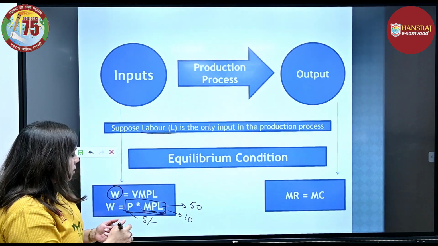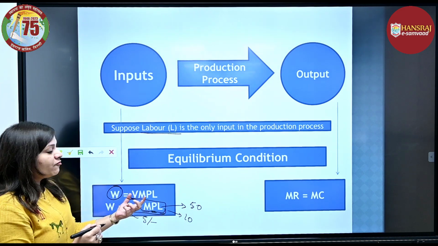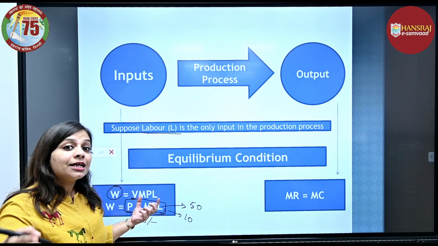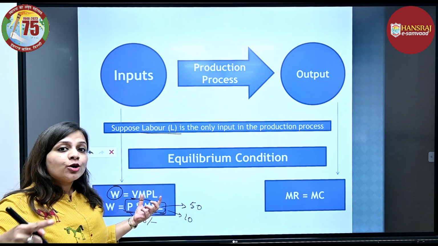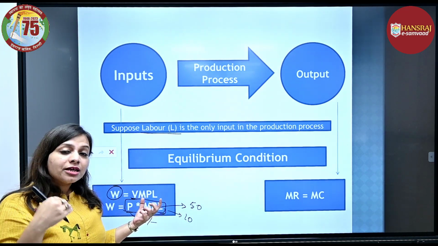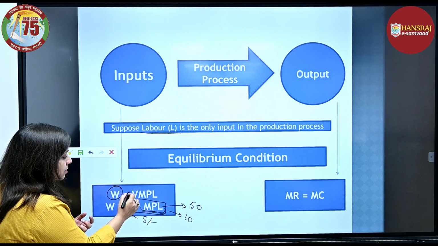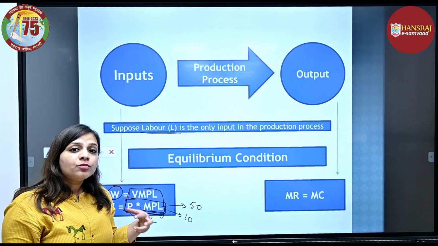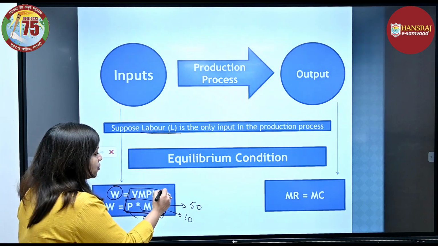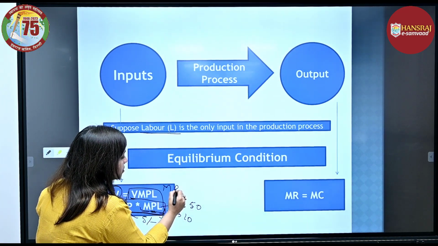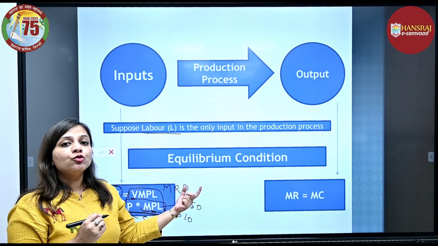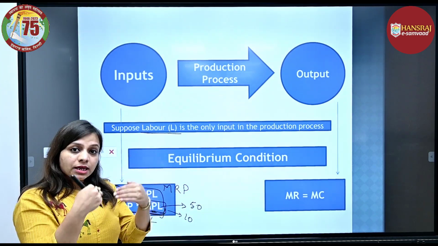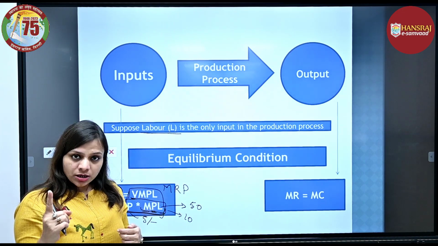So this is nothing but the value of marginal product of labor, or you can say the value of that labor. वो लेबर फर्म को कितना वैल्यू लाके दे रहा है. So this is nothing but the value, or you can say the revenue the firm is generating, and that's why it's sometimes called as marginal revenue product. So this is something which the firm is getting from that one extra labor.